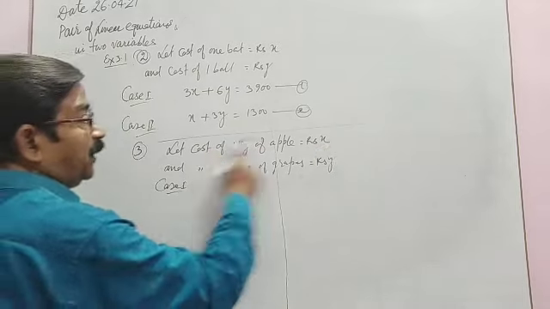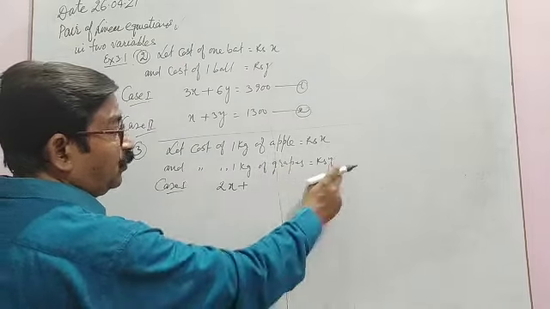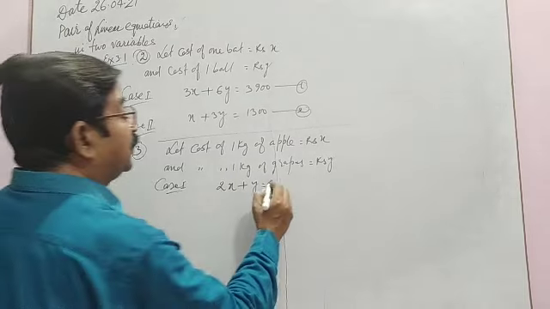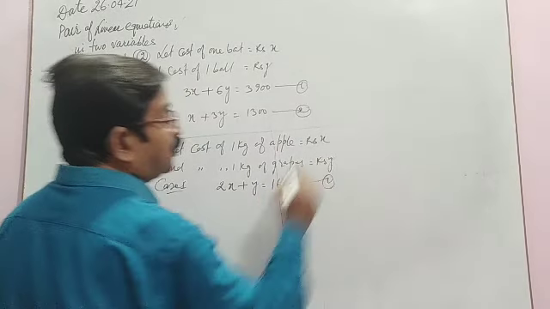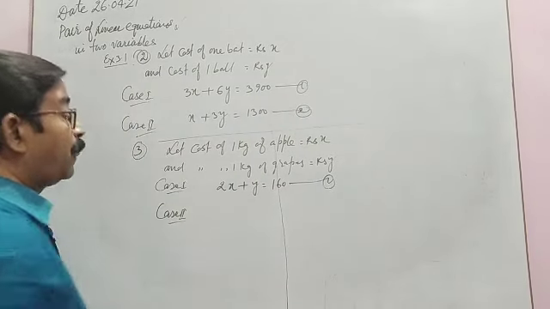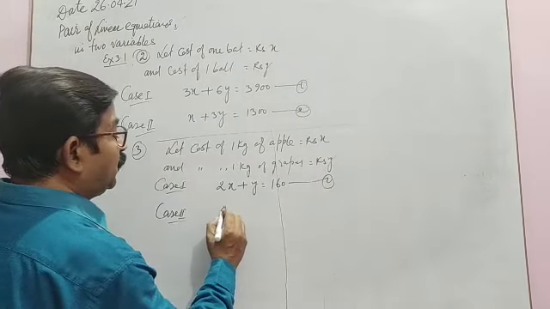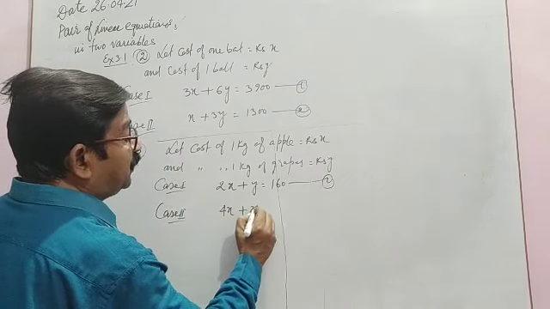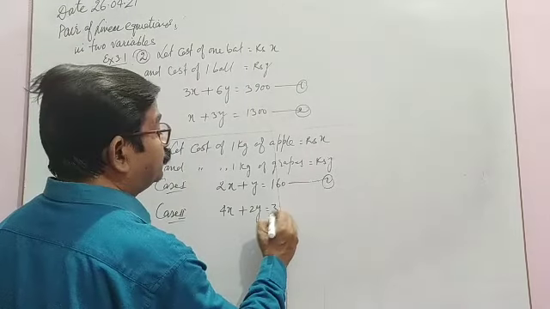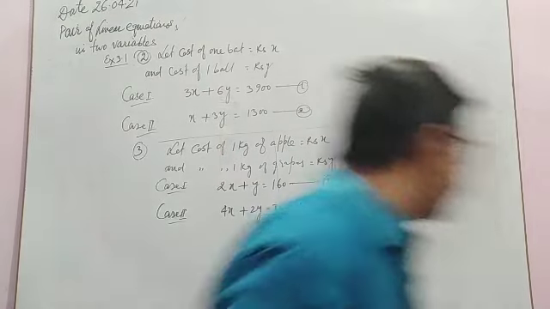So 1 kg of apple is X rupees, so 2 kg is 2x, plus 1 kg of grapes Y rupees, and the total cost is rupees 160. Equation number 1. In the second case, what is given? The cost of 4 kg of apples, so 4x, plus 2 kg of grapes 2y, is equal to 300. Equation number 2.